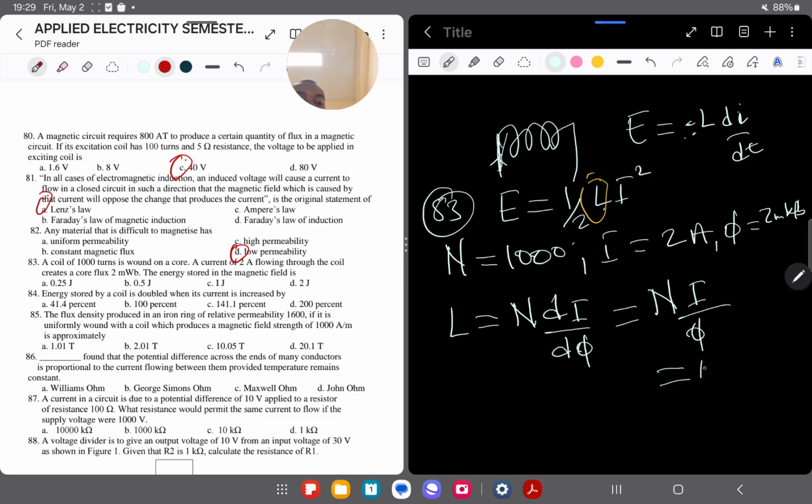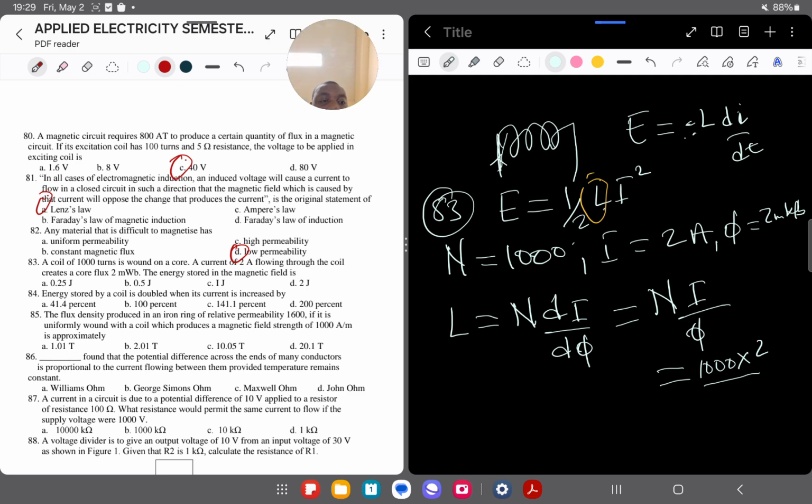We have 1000, times the current is 2, then divided by the flux.